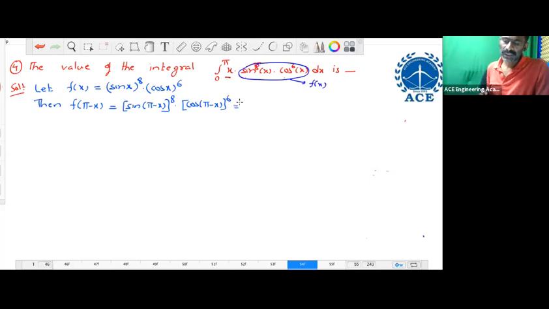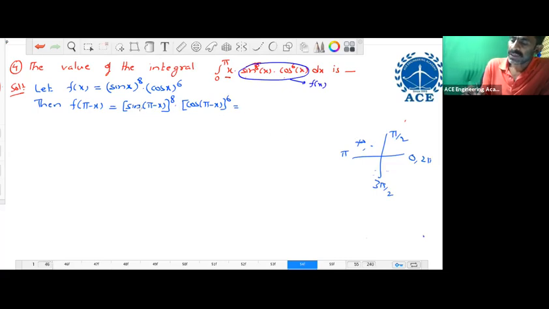Pi minus x means before pi, that is in the second quadrant. In the second quadrant, sine is positive, but cos is negative only. So depending on the pi minus x, that is depending on the quadrant, we can add the sign.